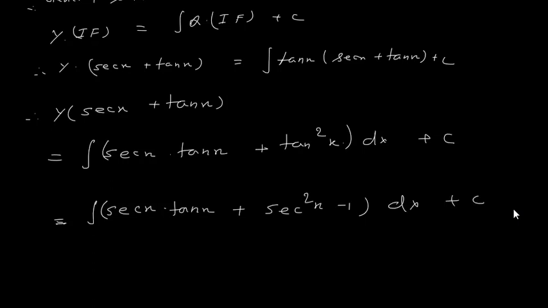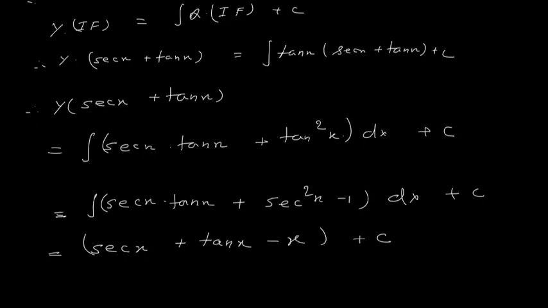So integration of sec x tan x is sec x plus integration of sec square x is tan x plus, minus 1 is there, so integration of this minus 1 is minus x plus c.